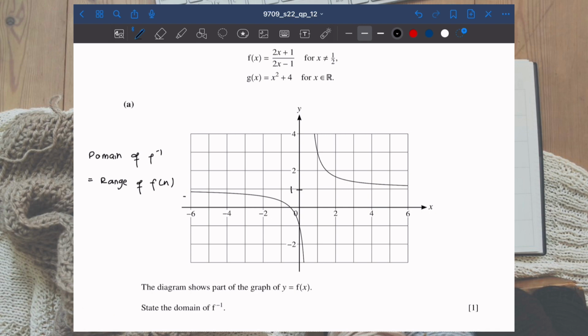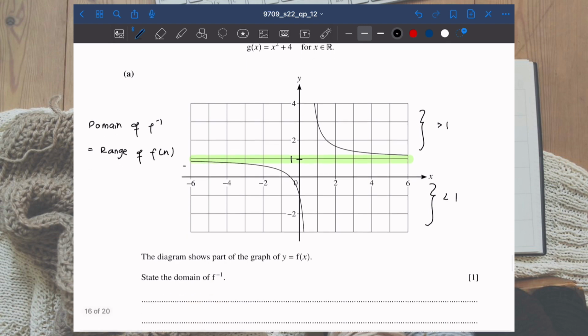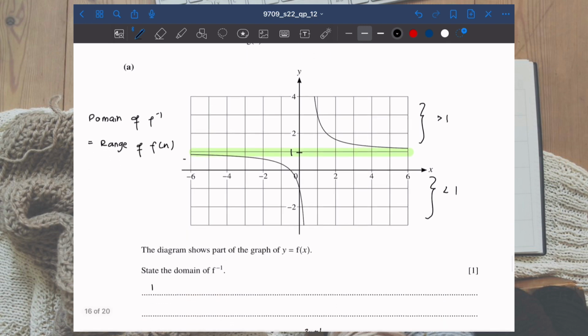So referring to the graph right here, our range of f(x) is more than 1 and also less than 1. So the domain of the inverse is more than 1 and less than 1. So that is your answer for part A.